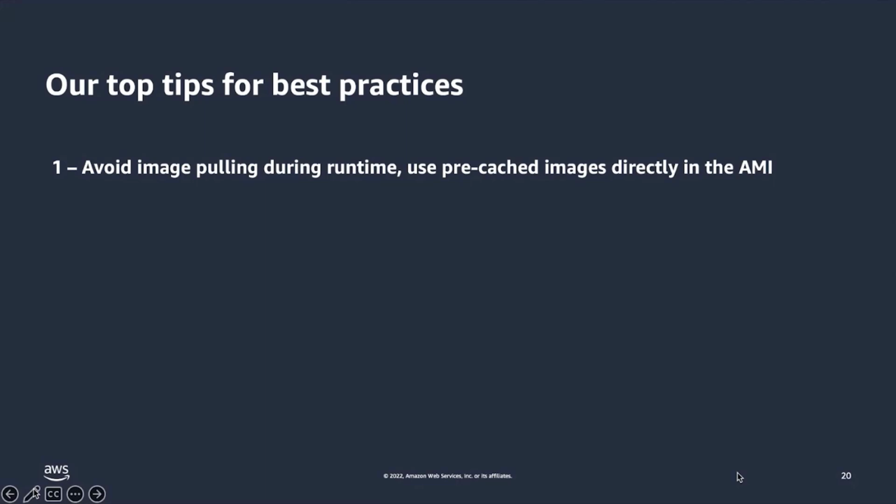So you can use Amazon Image Builder as an example to build your custom AMI and pull all the necessary Windows container image layers that need to be in place to run your Windows container.